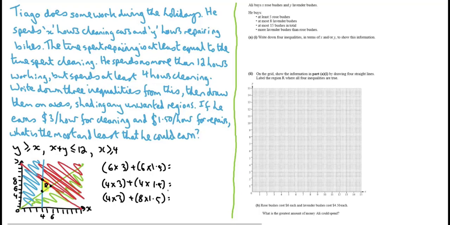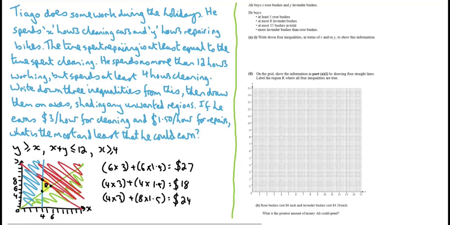If we work out the total values of these corners respectively, what you find is that for the first one, we end up with $27. For the second one, we end up with $18. And then for the third one, we have $24.